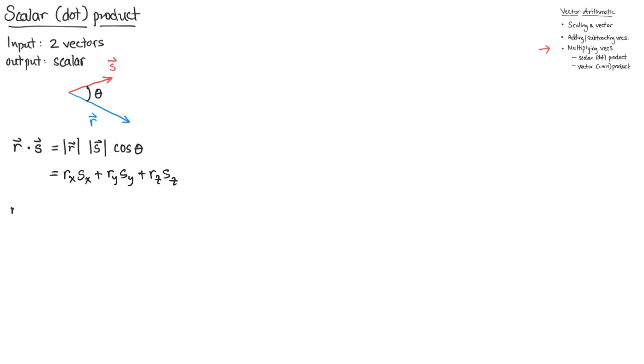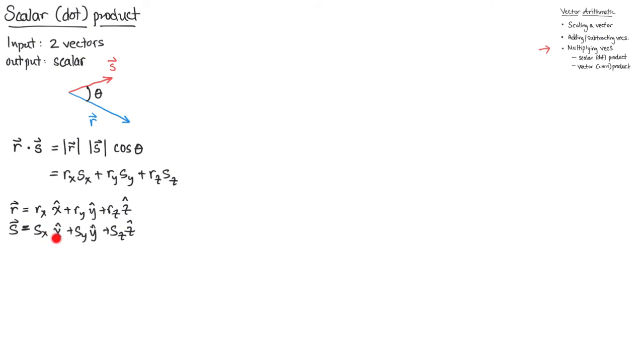And that arises because if you think of r as having an x, y, and z component, same for s, then when you take the dot product of r and s, you can imagine dotting this component, r_x in the x hat direction, into each of the three components for s.